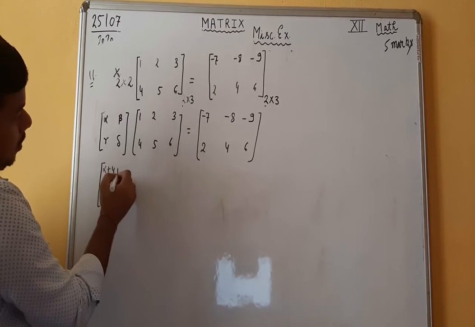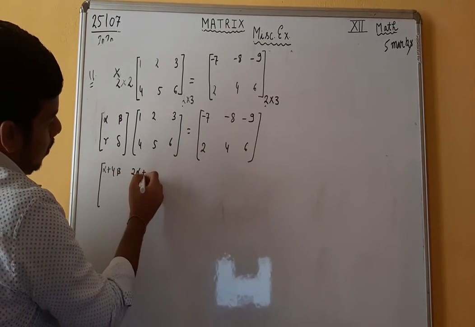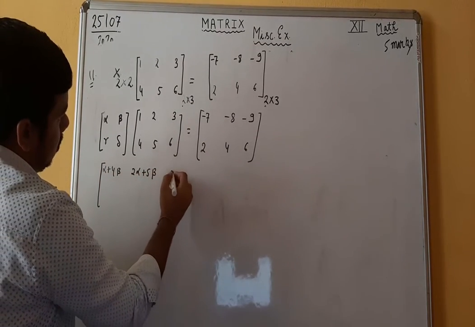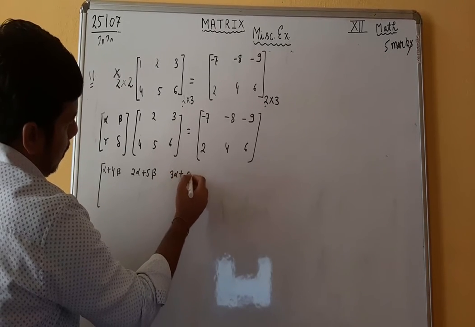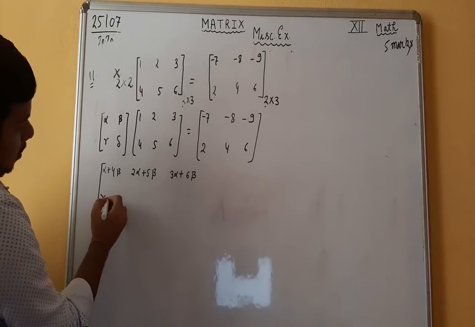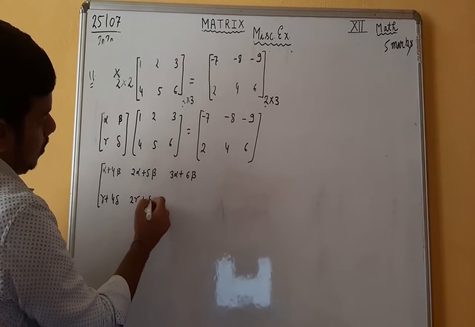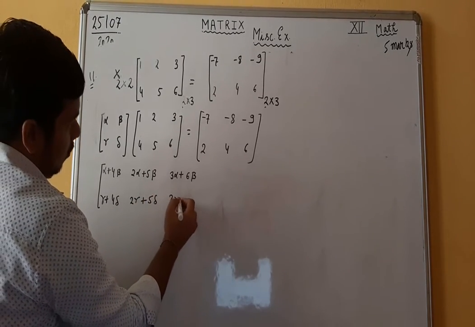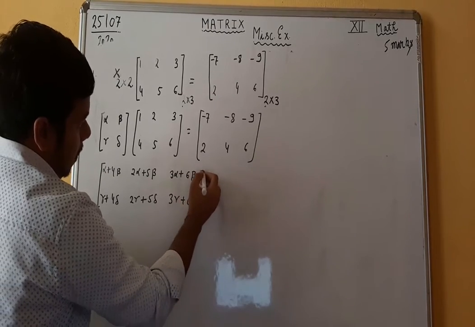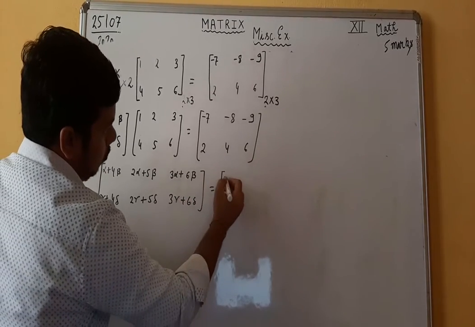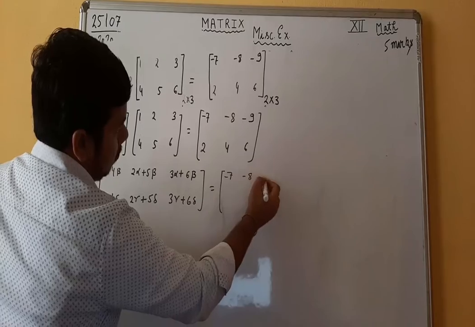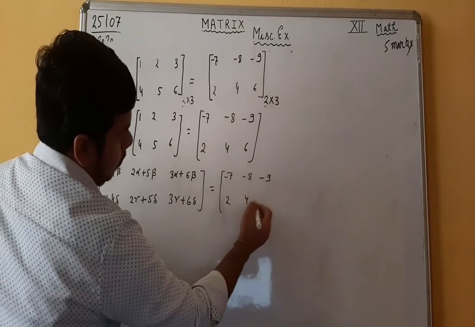Alpha plus 4 beta, 2 alpha plus 5 beta, 3 alpha plus 6 beta, gamma plus 4 delta. Now second row, second column: 2 gamma plus 5 delta, 3 gamma plus 6 delta. It is equal to minus 7, minus 8, minus 9, 2, 4, 6.